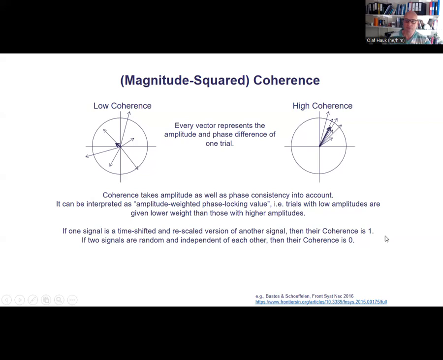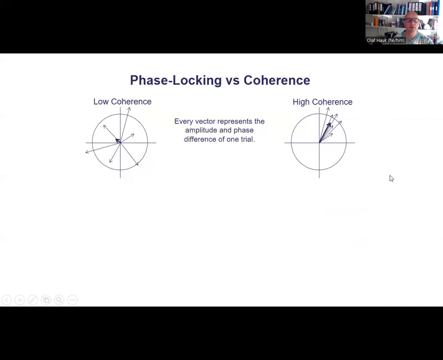Of course, there will always be noise, but this is at least what coherence is testing: whether there's some relationship, unlike a correlation, which assumes that signals go up and down exactly at the same time. With coherence, you also take into account whether one signal can potentially be a time-shifted version of the other one. While if two signals are simply random and independent of each other, then their coherence is 0. So this is a more intuitive way of describing coherence.